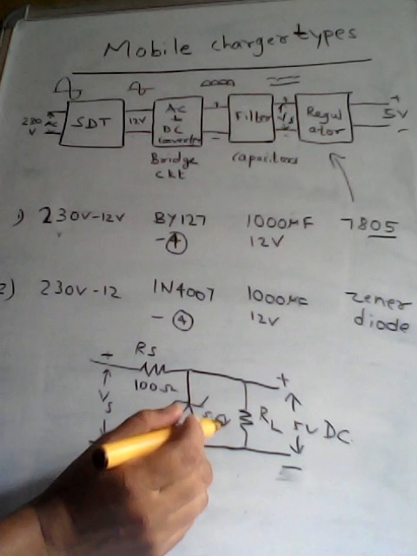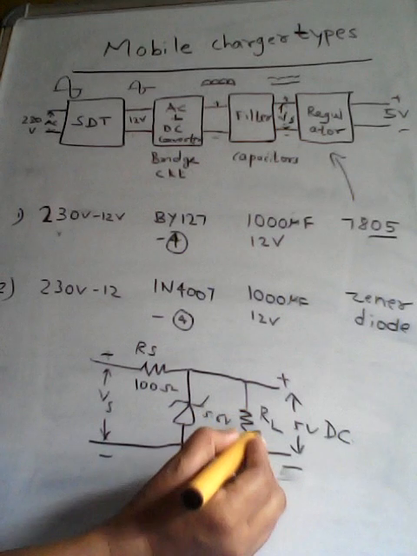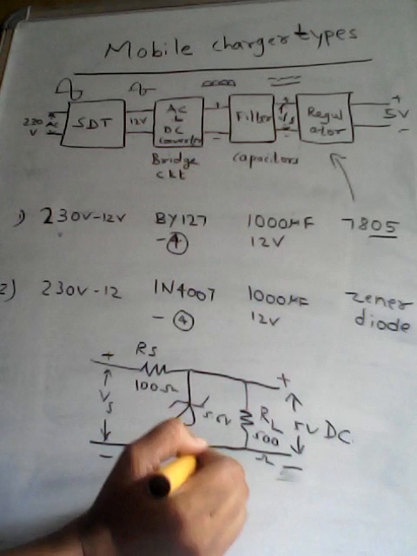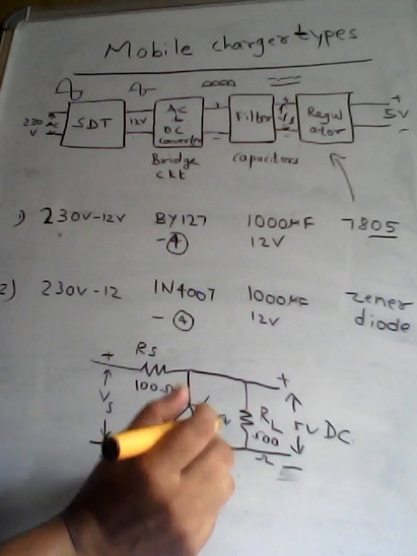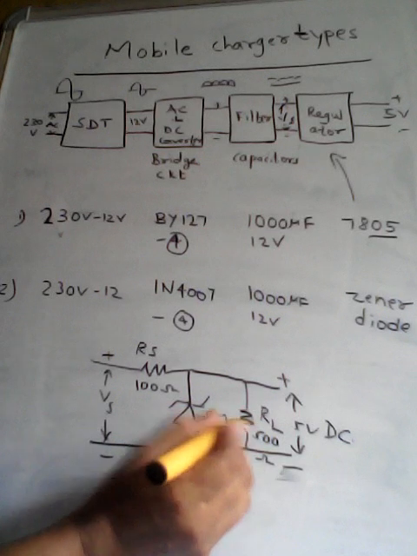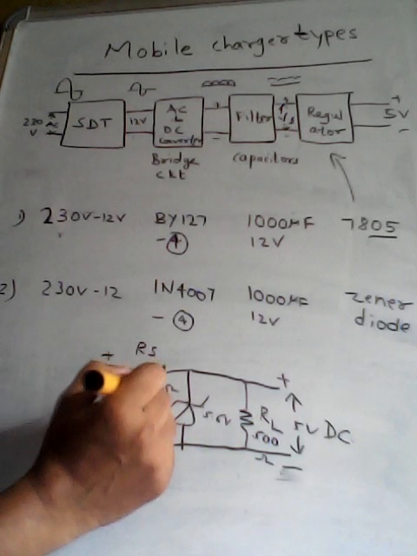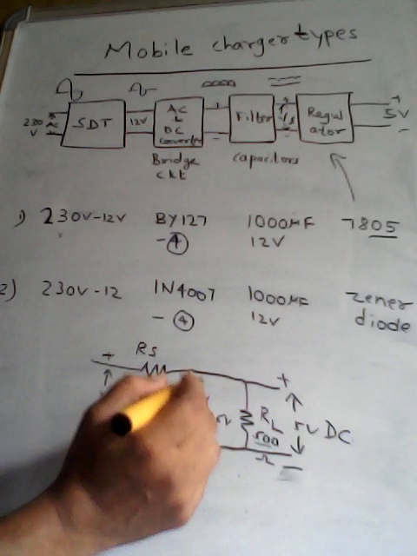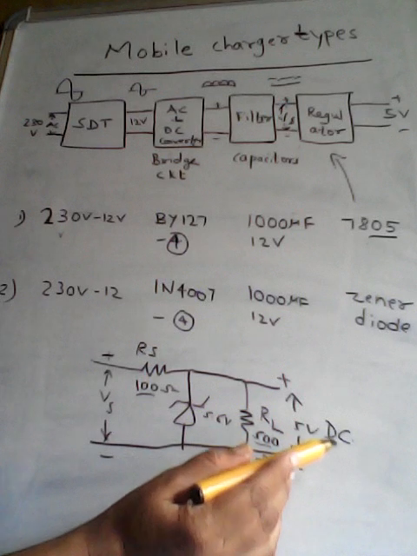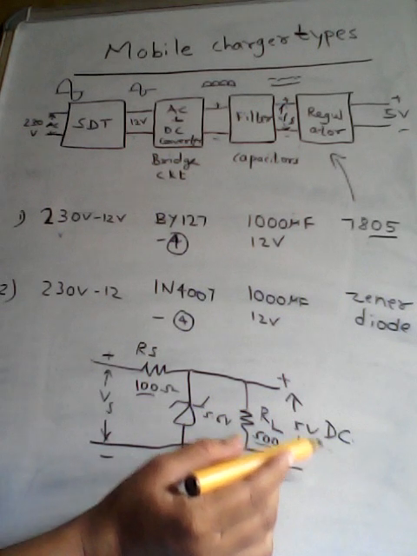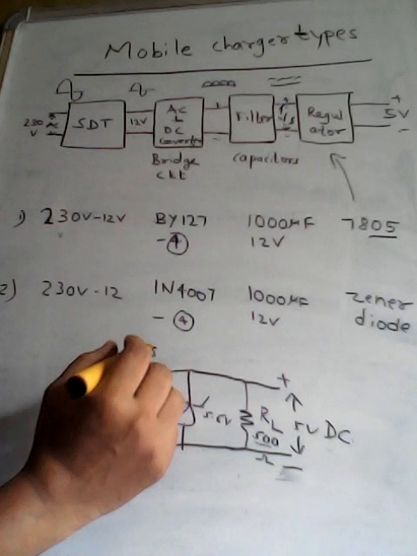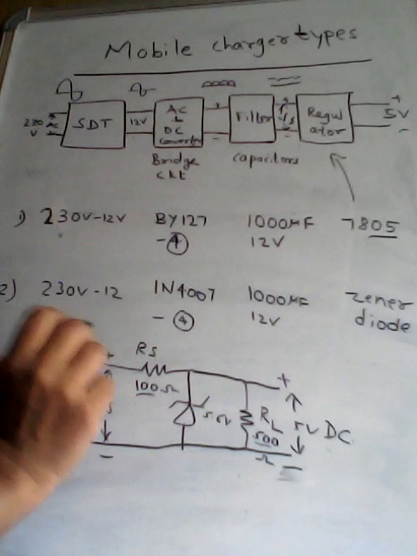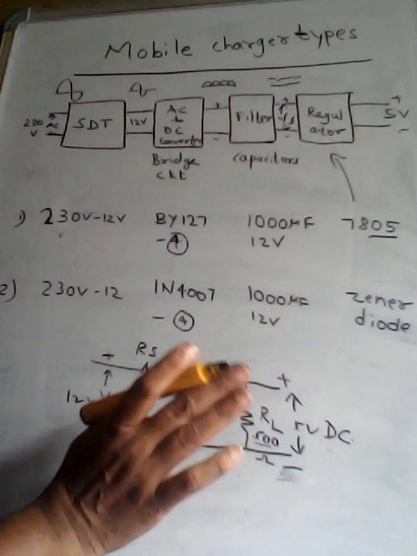So Zener diodes can have different values, and this that can be selected maybe around 500 ohms. So these values can be changed based on how much voltage, how much current rating we require at the output side. And this voltage, if we take it as 12 volts, then this may be the circuit diagram.